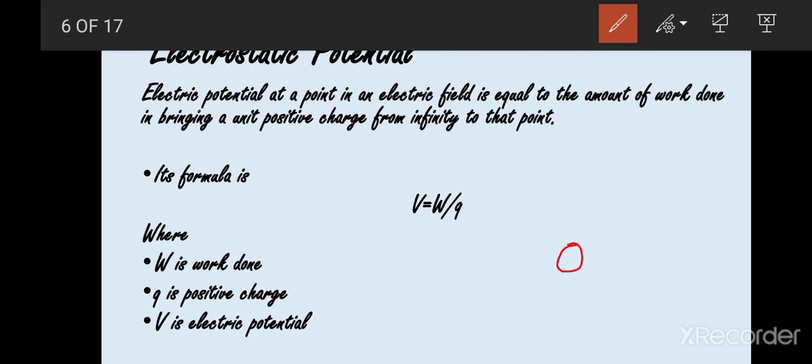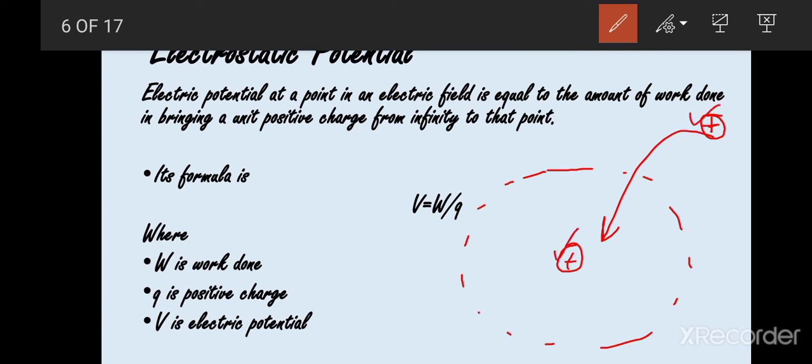Let's have a positive charge and its field around it. If we have to bring a positive test charge in the field from any other point, we have to do some work, because this positive charge will repel the other positive charge, so we will have to do some work to bring it inside the field.